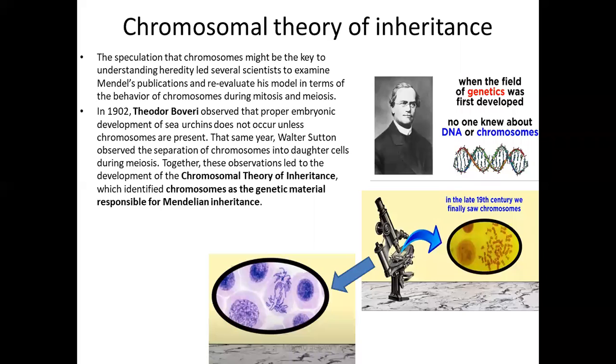So he observed the separation of chromosomes into daughter cells during meiosis. These observations led to the development of what is known as the chromosomal theory of inheritance, and this theory identifies chromosomes as being the genetic material responsible for Mendelian inheritance.